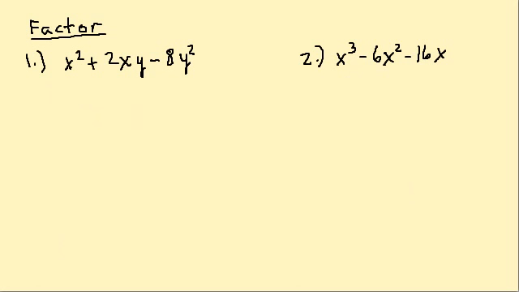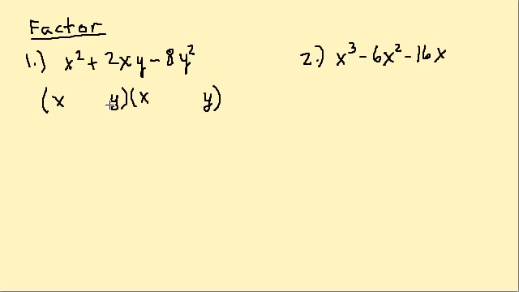Okay, let's take a look at these last two. So I'm going to put my two sets of parentheses. I've got x and x, because x times x gives me the x squared. Then I need what will multiply together to give me a minus 8y squared. Well, to get the y squared, I know I have to have a y and a y.